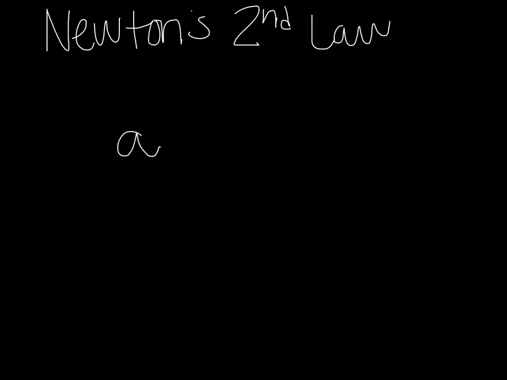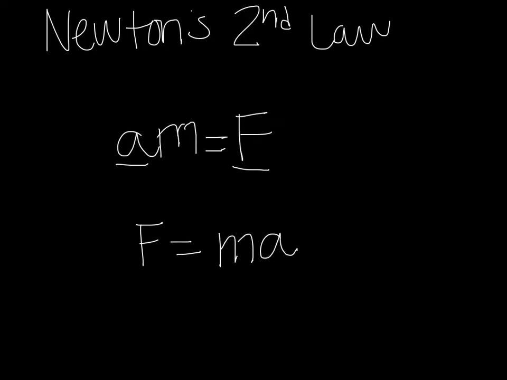And that's directly proportional with a constant mass also. So there we have a constant mass, and our acceleration is directly proportional to the force. And you might have seen in the past it written as F equals ma.